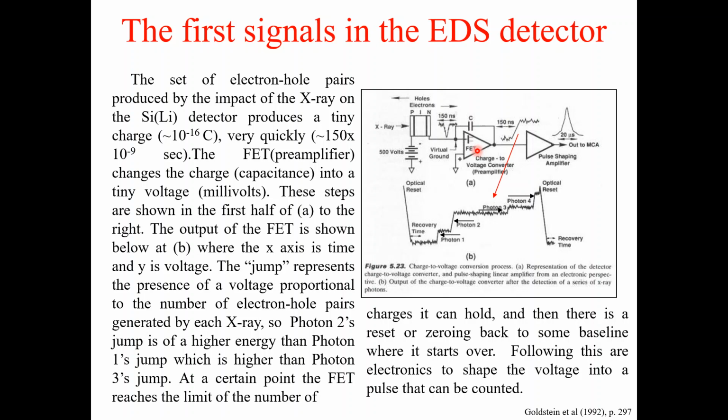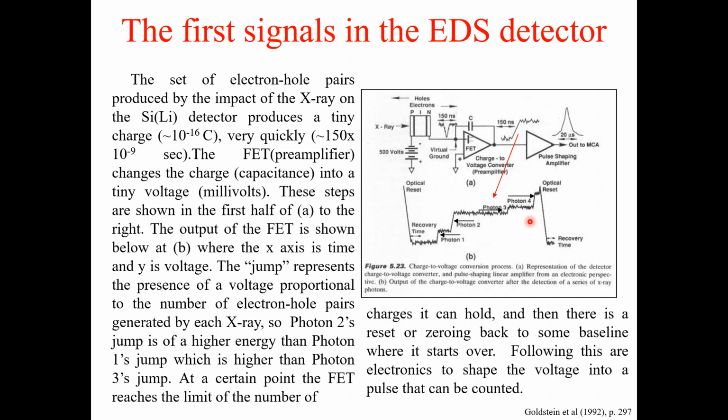The output of the FET is shown below at point B. Here you can see the output of the FET, where the x-axis is the time and the y-axis is the voltage.